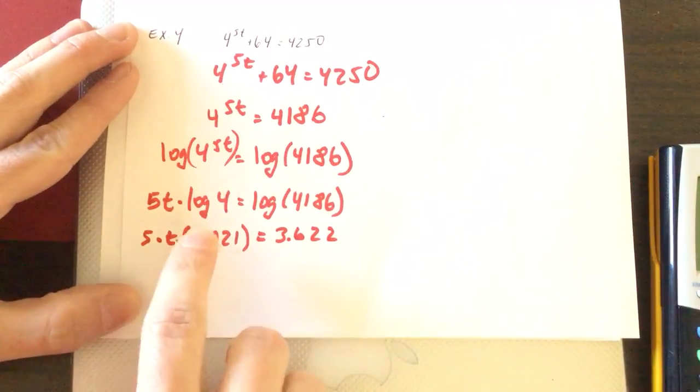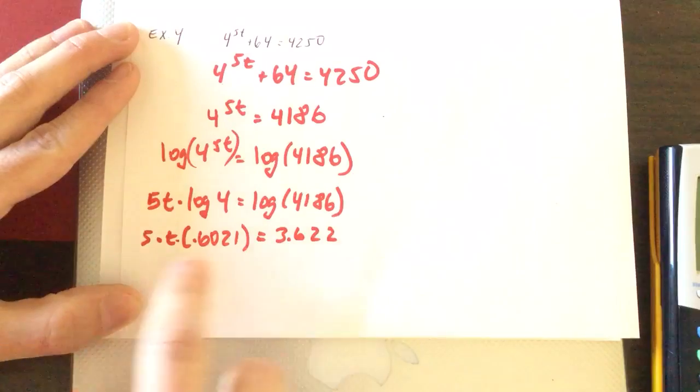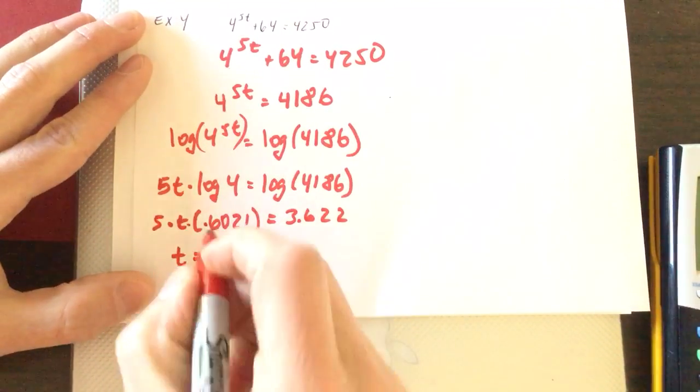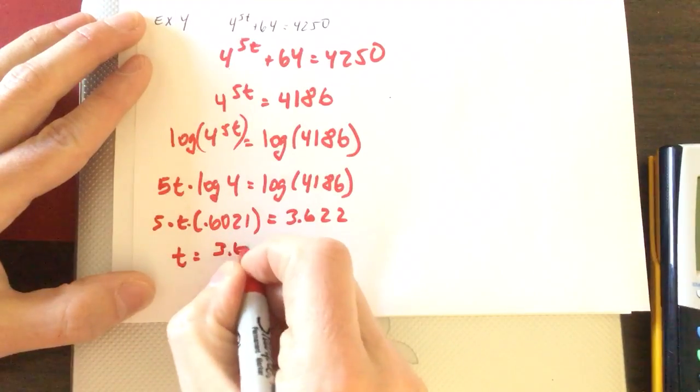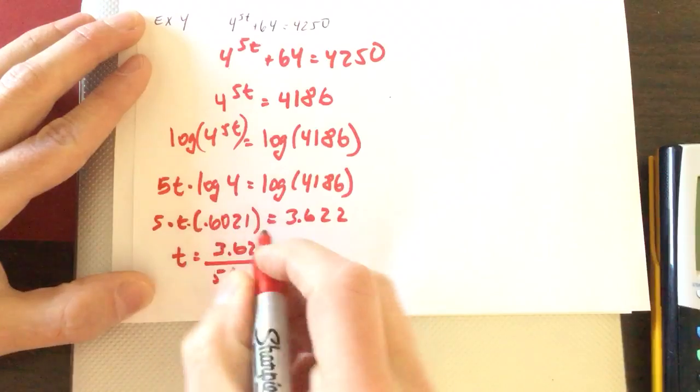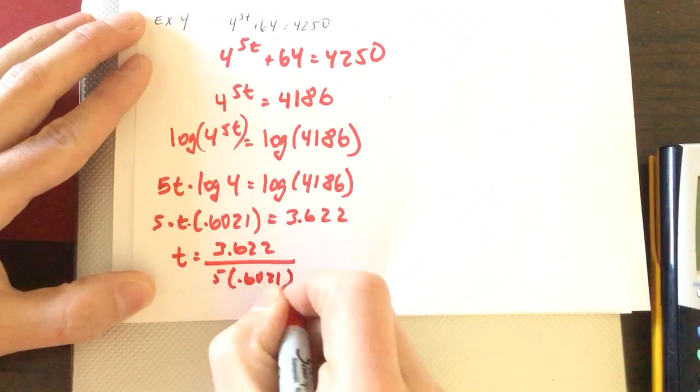So it's multiplication, multiplication. We divide to get t by itself. So t equals 3.622 divided by the 5, divided by that 0.6021.